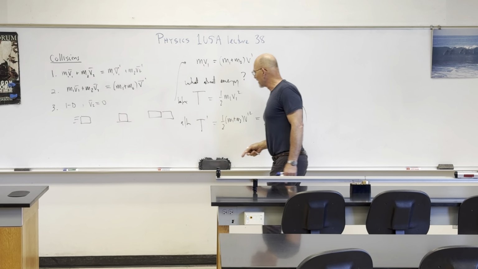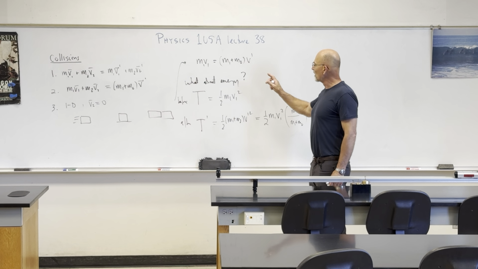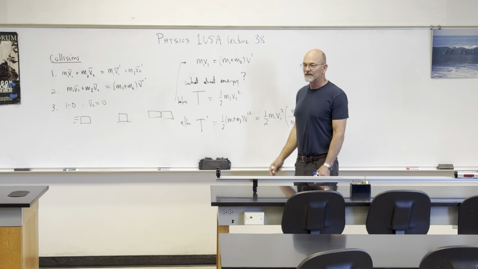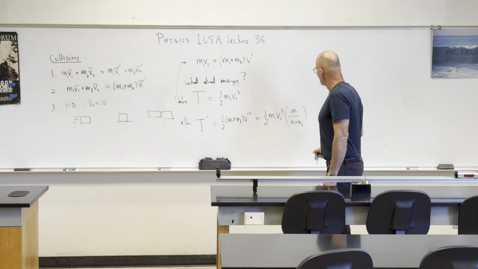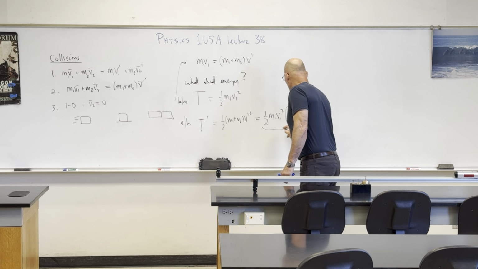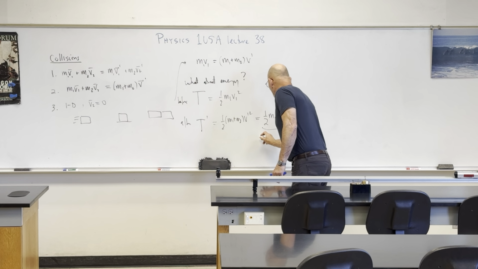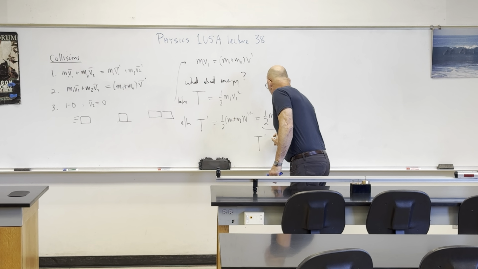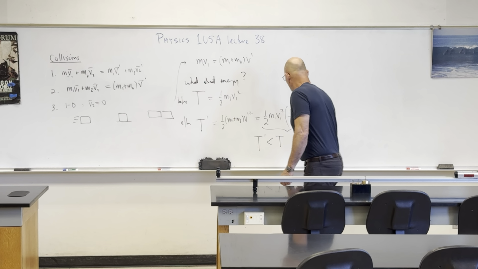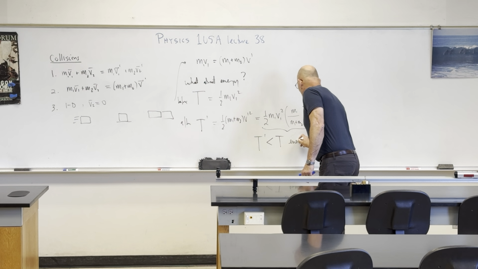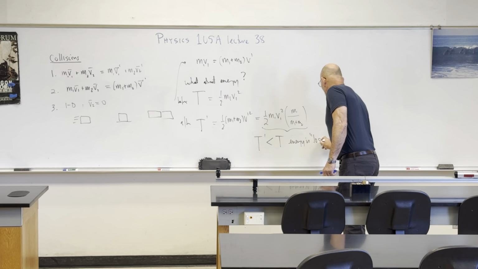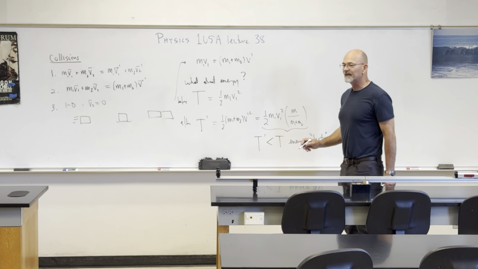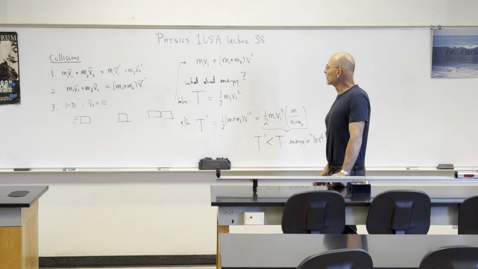What we argued was, in reality, these particles have internal structure. So that was the argument we ended up with last time. So what I'm going to put in here in our notes: T prime is less than T, and energy is lost, in scare quotes. It's lost to this view of things, but it's not lost to the universe.